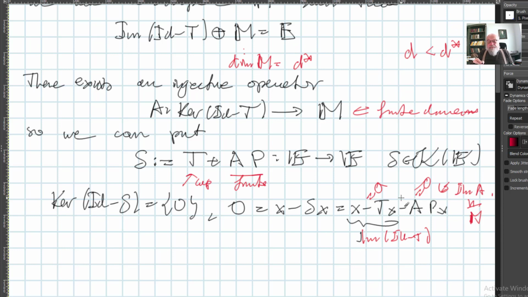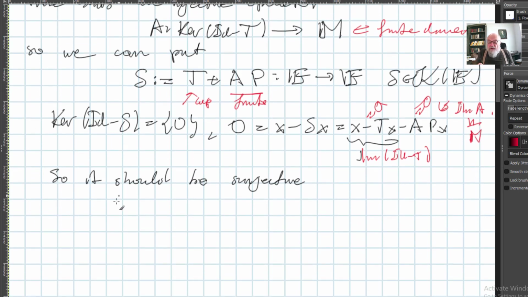In such a case, we just also proved that if this is injective, then by the previous statement, it must be also surjective.